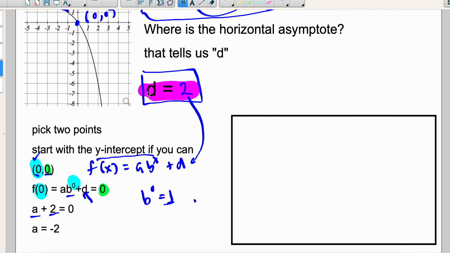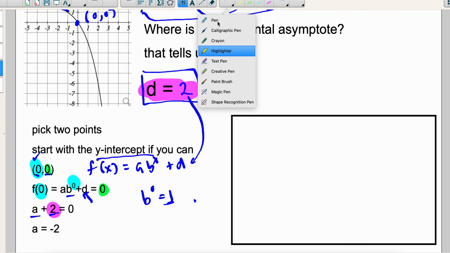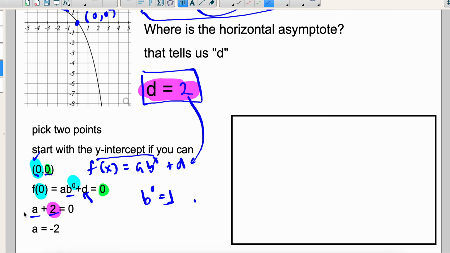I just said d is 2, and I just plugged in d is 2 there. So now I just have an equation that only has a. I can solve for a. If I subtract 2 from both sides, I've got my first piece, a equals -2. All right, so that's helpful.